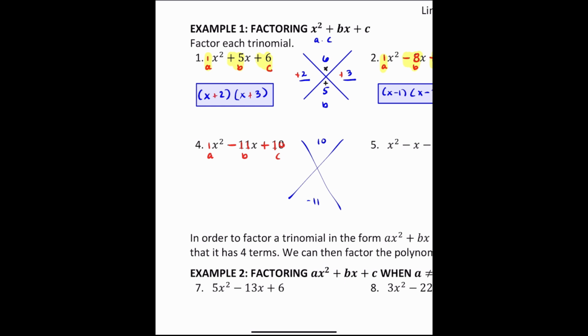The two numbers that I'm thinking are 1 and 10. Yes, 1 times 10 is 10, but 1 plus 10 is not negative 11, so we need to make these two values negative. So negative 1 plus negative 10 is negative 11, so x minus 1 times the quantity of x minus 10.